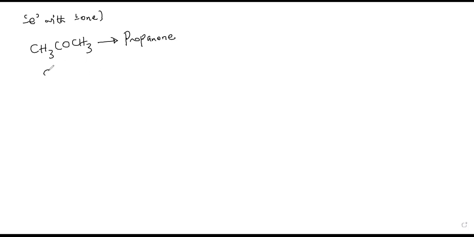If you have something like CH3 CO CH2 CH2 CH3, numbering 1, 2, 3, 4, 5, the lowest number of the carbonyl is 2. So this is pentan-2-one.